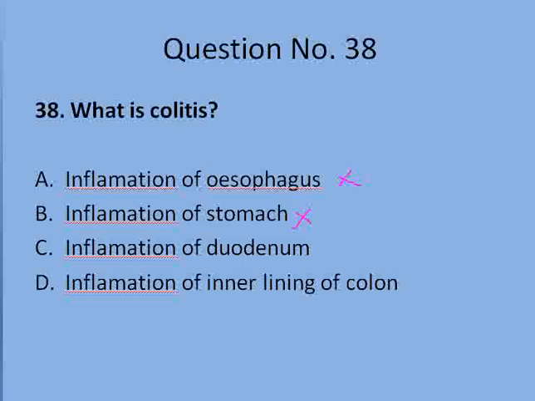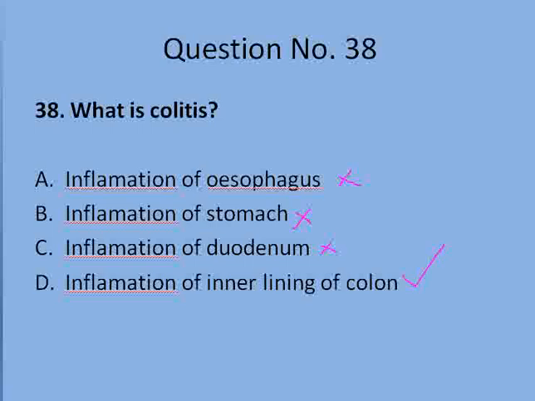Inflammation of the duodenum is called duodenitis, so it is also wrong. So the inflammation of the inner lining of the colon is called colitis.